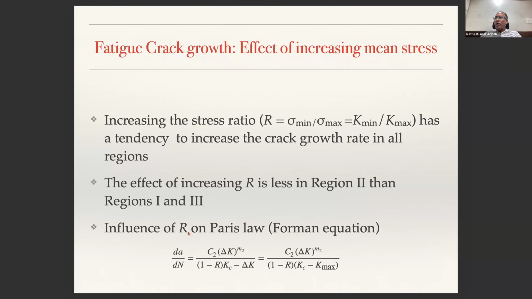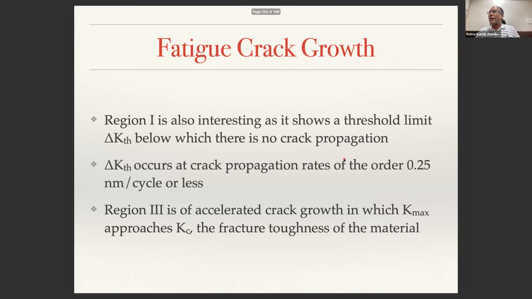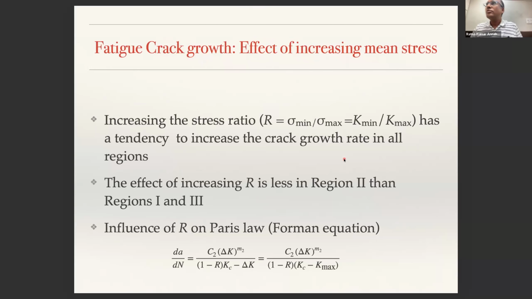So now, what is the effect of mean stress? Here again, we are talking about delta K, but we never spoke about whether there is a mean stress effect or not. So what happens when you have a mean stress? Normally, if you don't have a mean stress effect, that can be written in terms of stress ratio R. With zero mean stress, what is the stress ratio R? It is -1, so 1 plus 1, 2.